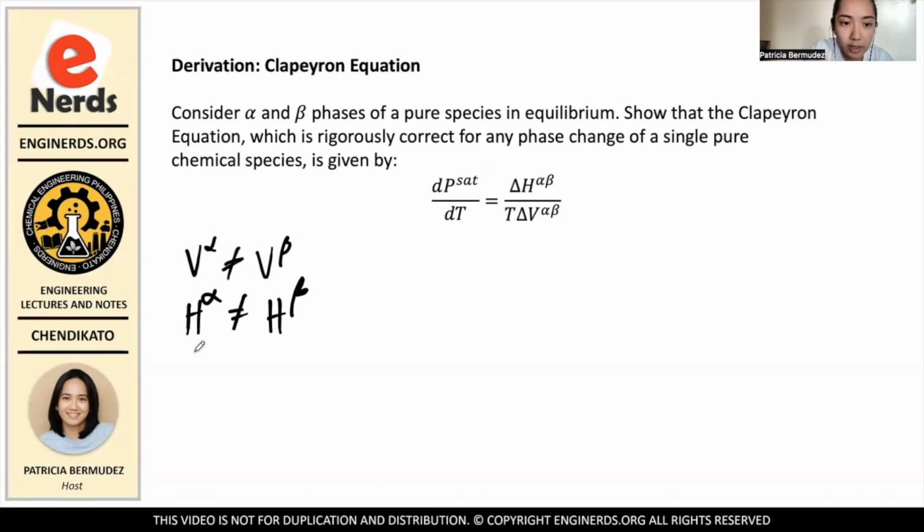And likewise, the entropy of the species in phase alpha is not equal to the entropy of the species in phase beta. But they have one thing in common, and that is the Gibbs free energy, indicated by G. The Gibbs free energy of the chemical species in phase alpha is equal to the Gibbs free energy of the species in phase beta.